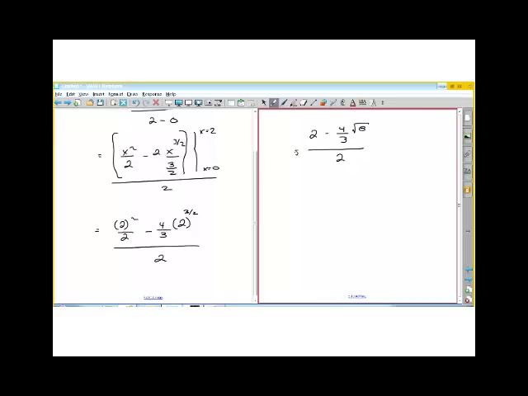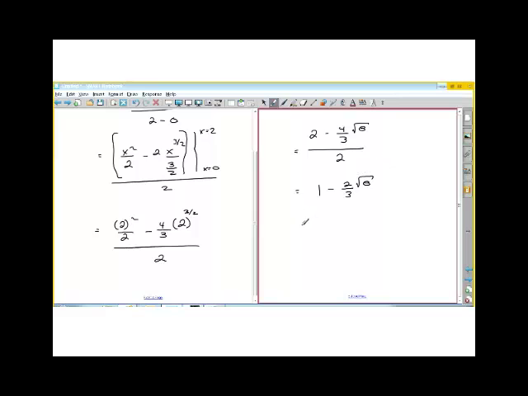Then you divide the whole thing by 2. So that becomes 1 minus, 2 divided by 2 is 1, 4 divided by 2 is 2, so you get 2/3 square root of 8.